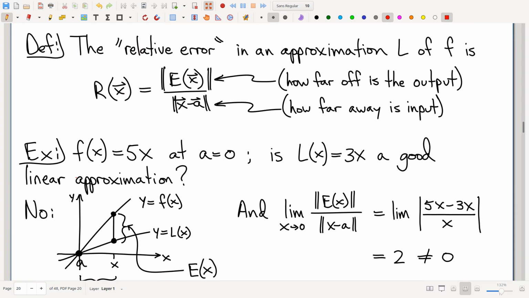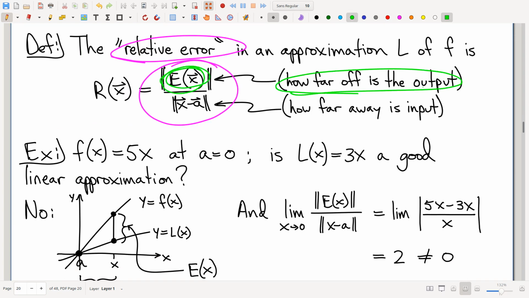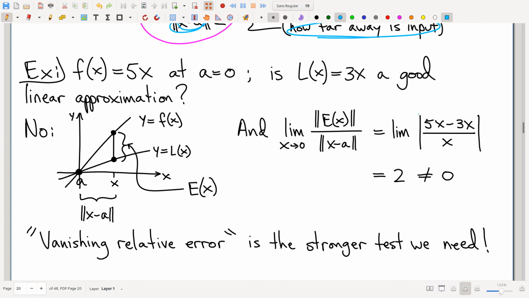So we're going to consider this different idea called relative error. Relative error says how far off are you in the output, and then divide by how far away were you in the input. And with that in mind, now let's look at relative error, and you can see our errors do approach 0. But that's just the numerator. We're dividing now by how far away are you in the domain?